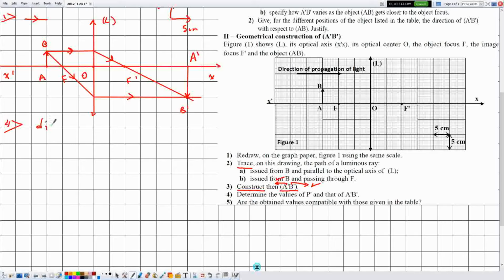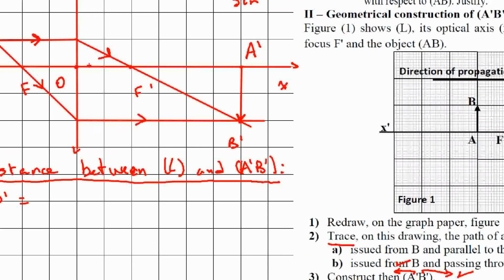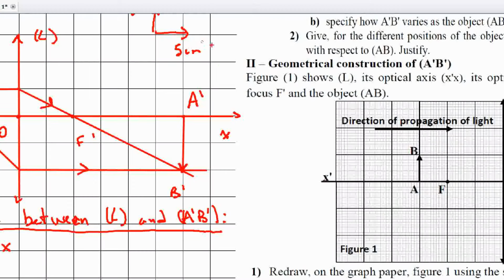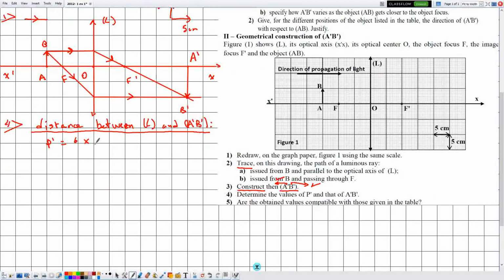P prime represents the distance between L and A prime, B prime. Now we count the number of divisions between the lens and A prime, B prime. We have 1, 2, 3, 4, 5, 6. And we multiply by the scale along the x-axis. And this will give me 30 centimeter. Then the value of P prime is equal to 30 centimeter.